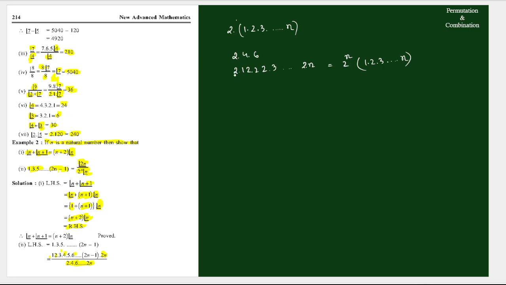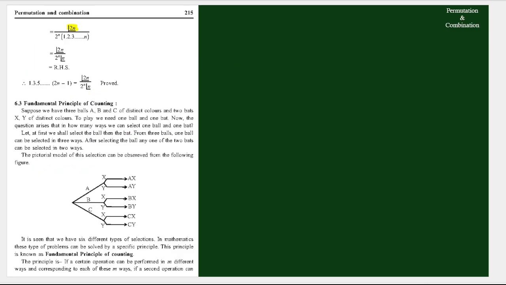2 is 2 into 1, 4 is 2 into 2, 6 is 2 into 3, again here will be 8, which is 2 into 4, and this way there will be n times of 2, so 2 to the power n. Understood?